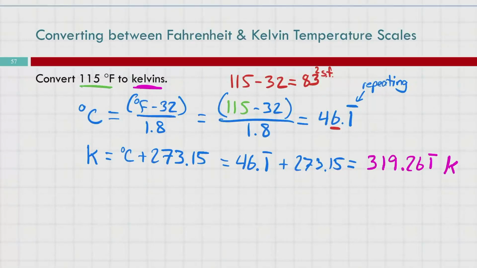So this 6 is our last significant figure. And then we do addition. And so we have 0 decimal places, so the 9 is our last significant figure. We got rid of a significant figure, and then we added it back, apparently. So 319 Kelvin. Very cool.